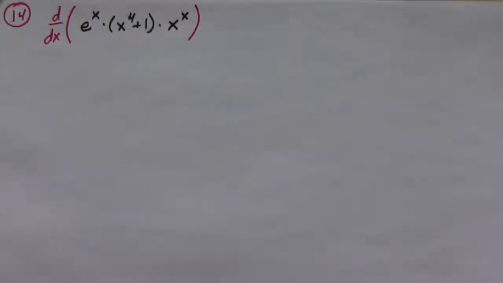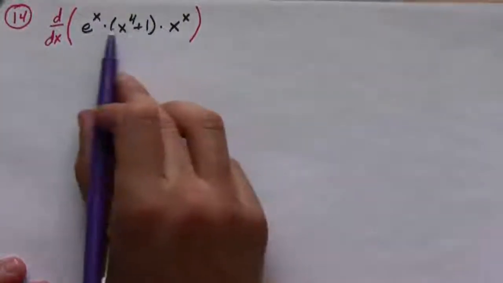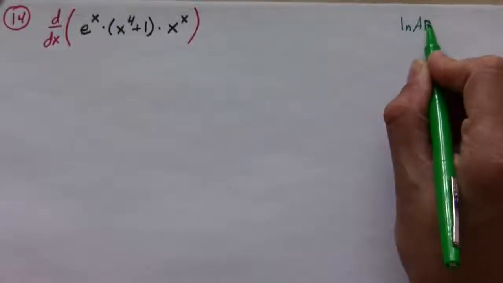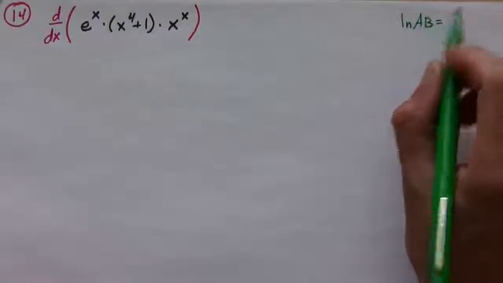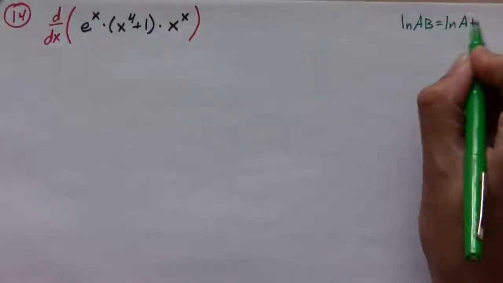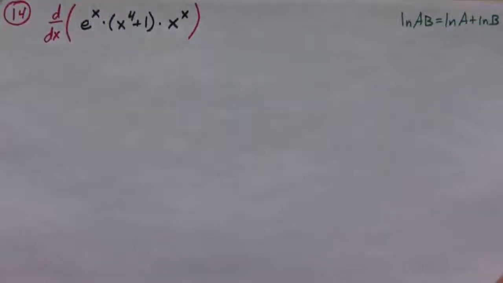Okay, now this one looks way uglier than the other one. But notice, first of all, we have a function being raised to another function, but then we also have this other stuff going on. But remember the laws of logarithms: when you have a product inside the log, you can break it up into two logs that are adding.